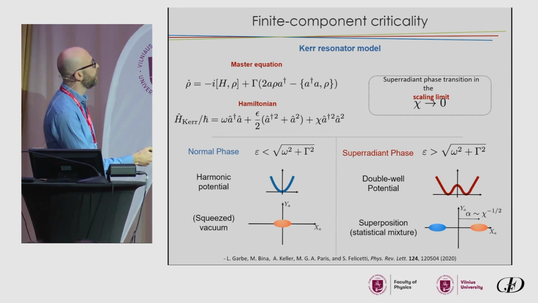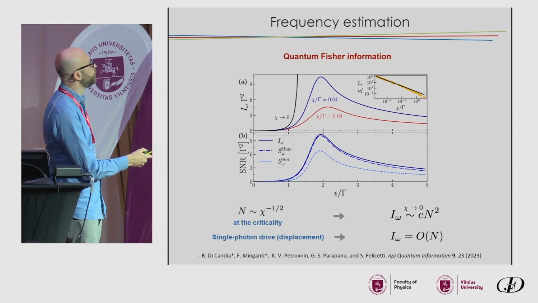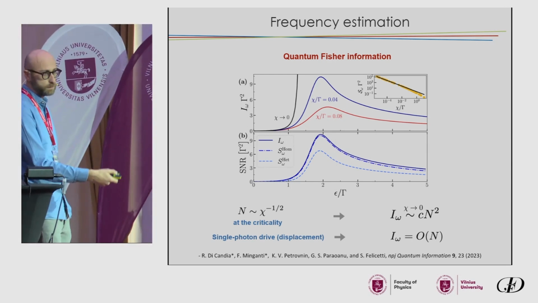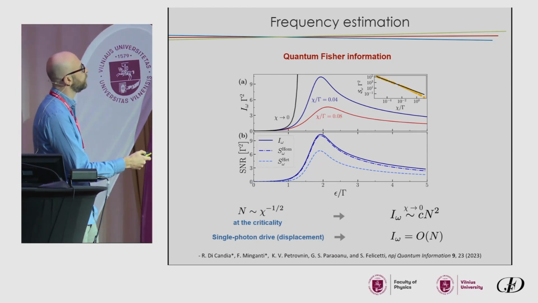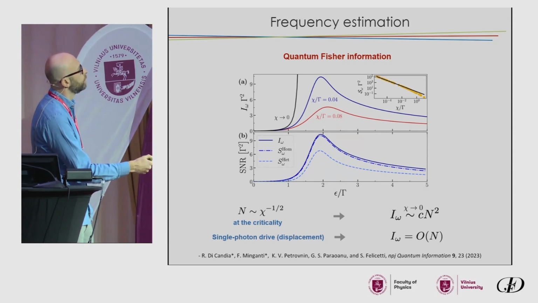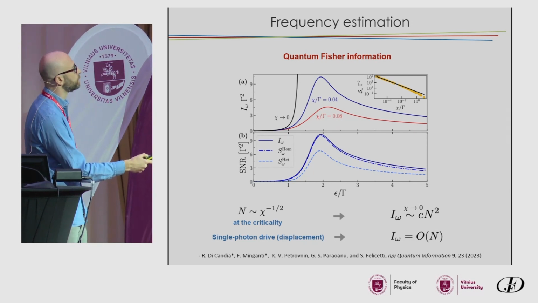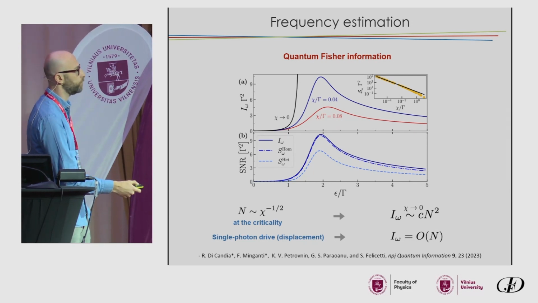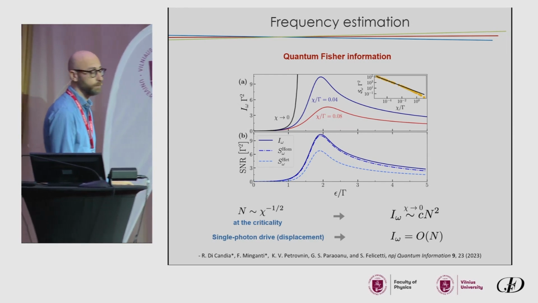Okay, so we are interested in frequency estimation. What we did is to sit at the steady state, so we wait for the system to reach a steady state, and we compute the quantum Fisher information. We saw that this quantum Fisher information scales quadratically with the number of photons in the thermodynamic limit.